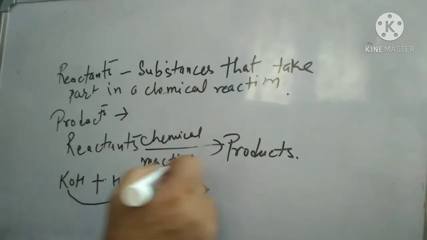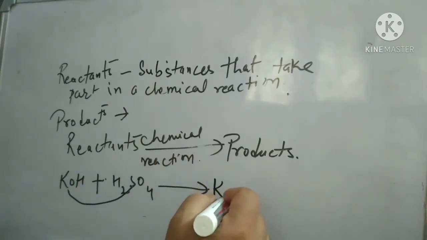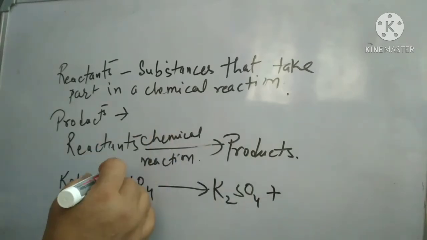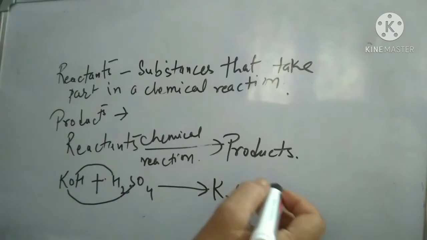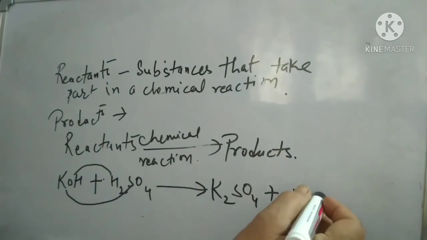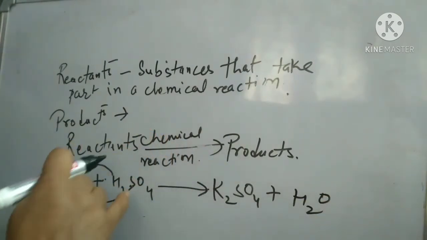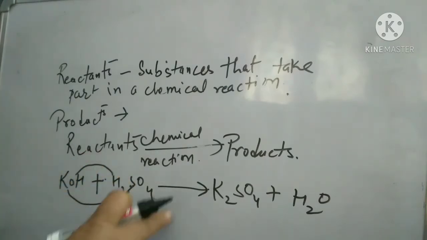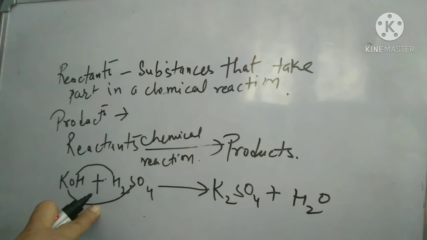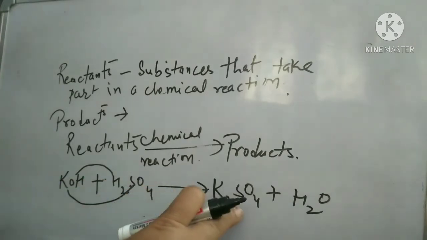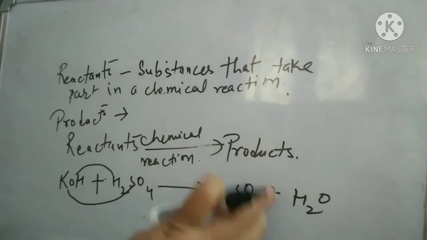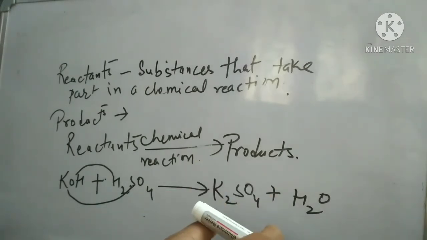Potassium with sulfate will form potassium sulfate. Hydrogen and hydroxide will form water. So here we can see when the reactants have combined, they result in the formation of products, sometimes one product, sometimes two products and sometimes more than two products.